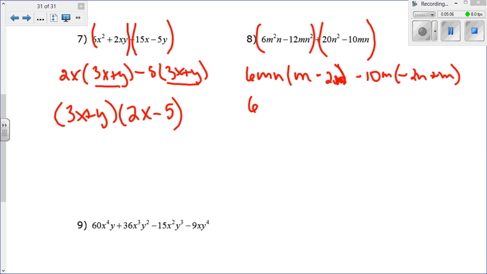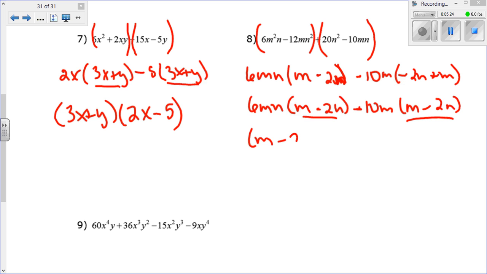So 6mn times m minus 2n, minus 10m times... I'm just going to reorder that to m minus 2n. Now you can see my parentheses match, so my GCF is m minus 2n. And then I'm left with 6mn minus 10m.